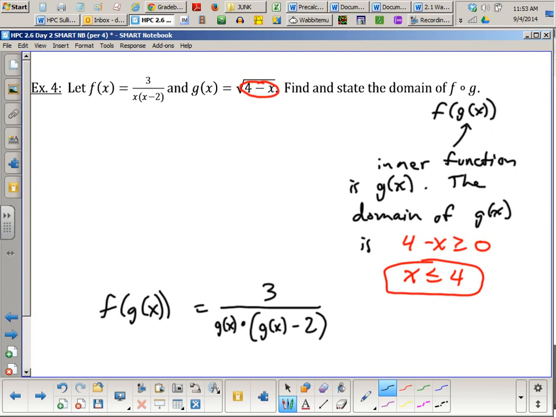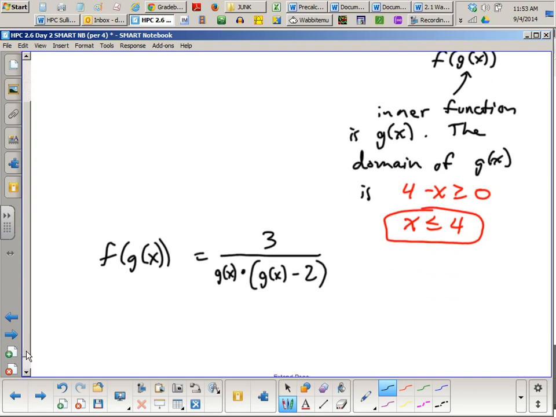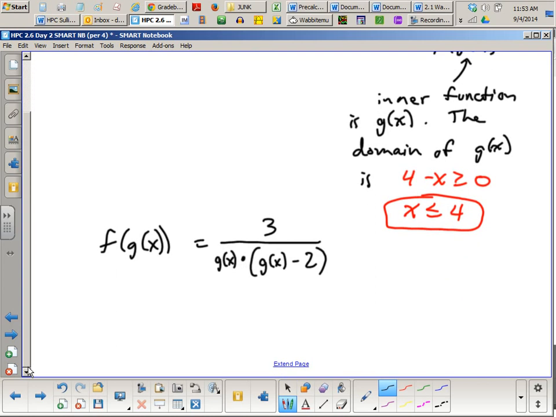So as soon as I write this, I realize, wow, we got some more rules here, don't we? g of x cannot be 0, and also g of x better not be 2. Both of these would give us problems with that composition.